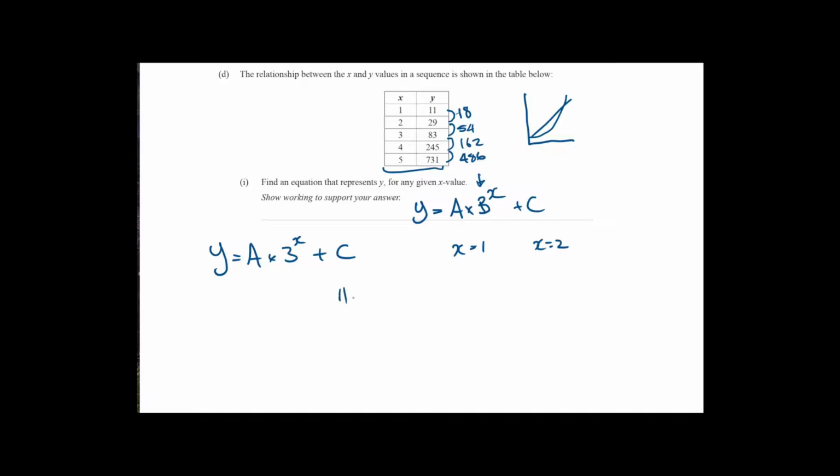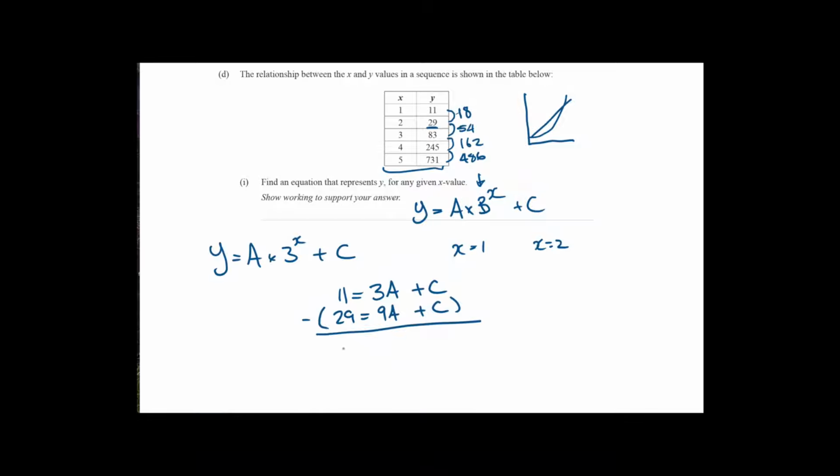So 11 is going to be equal to 3 to the power of 1, which is 3, times a plus c. And now we're going to let x equal 2. When x equals 2, y is equal to 29. So 3 to the power of 2 is 9. So 9a plus c.